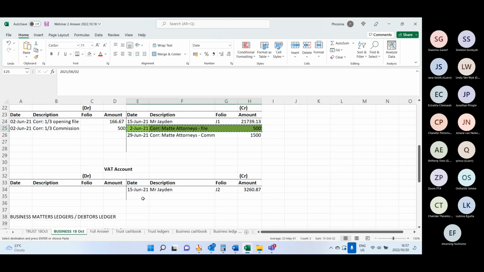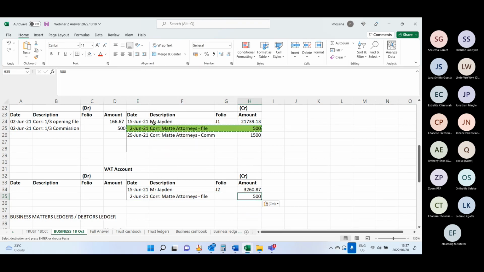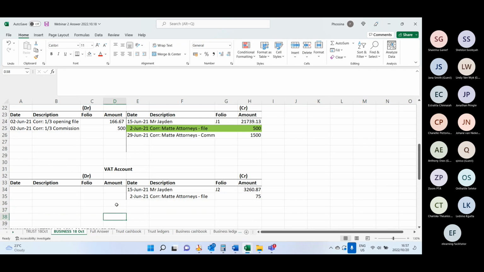Then in terms of VAT, we also need to calculate the VAT. Remember, when we are calculating the VAT, it's 15% of our fee. So that's how you calculate the VAT. So do not forget about VAT in your assignment, because this has an effect on VAT.